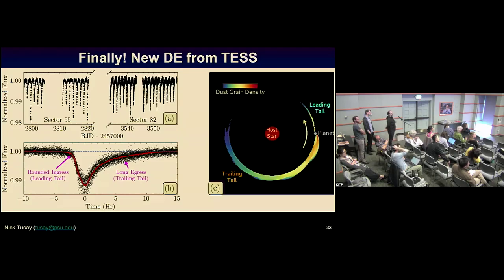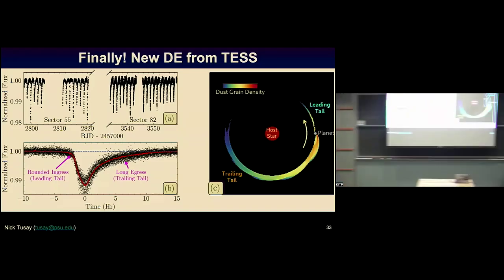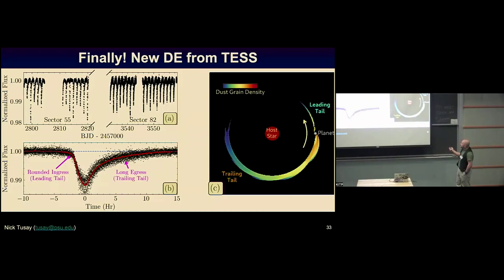Good question. I am honestly not sure how much of this flows in and gets blown out. The way the leading tail comes about is that as the dust comes off the surface and forms the cloud, it gets pushed into a trailing tail, but some of that dust is able to survive long enough with a low enough beta to fall into a closer-in orbit and then proceed into the leading tail.